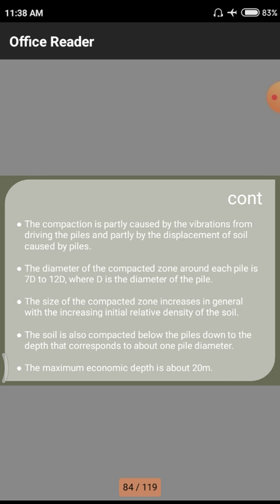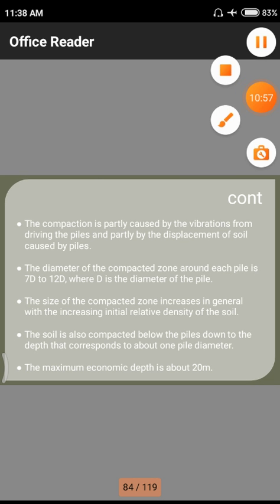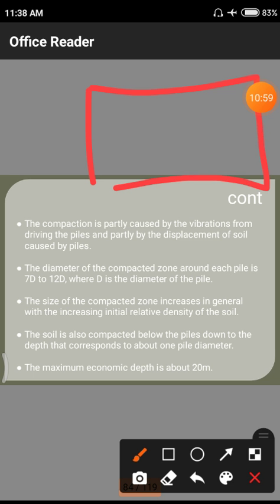Next, the diameter of the compacted zone around each pile is 7d to 12d, where d is the diameter of the pile. That means 7 diameters or 12 diameters. Basically the diameter is 1 to 2 feet, so we need 7d or 12d.